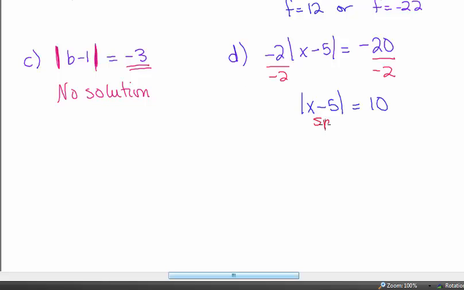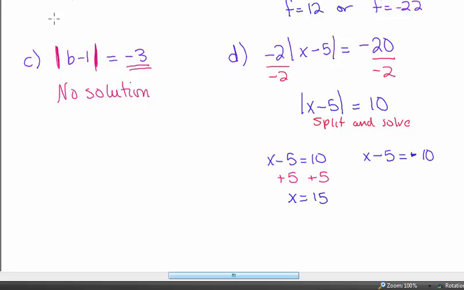Then I split and solve. x minus 5 equals 10, x minus 5 equals negative 10. Add 5 to both sides. x equals 15. Add 5 to both sides. x equals negative 5. So x equals 15 or negative 5.